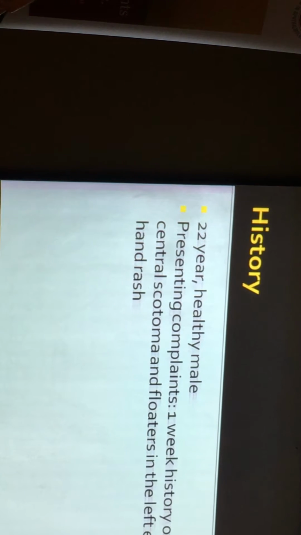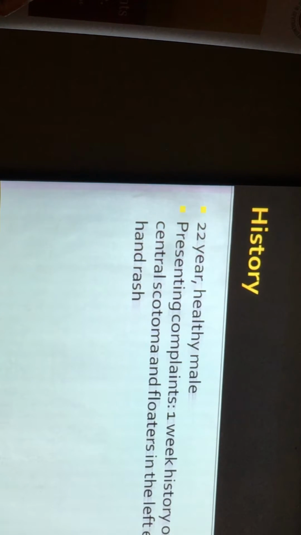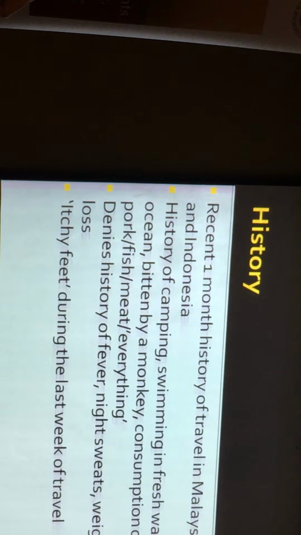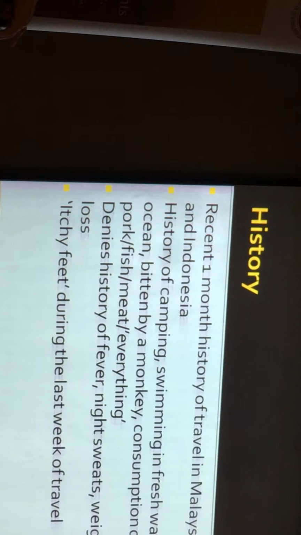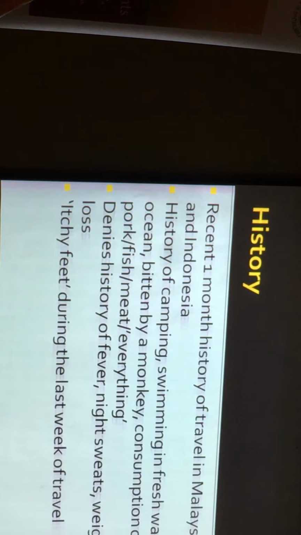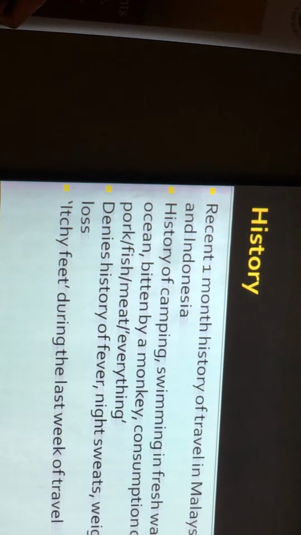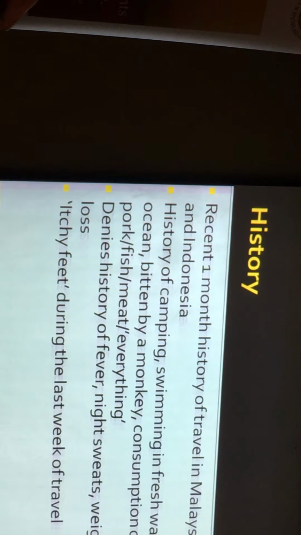A 22-year-old healthy male presenting with a one-week history of central scotoma and floaters in the left eye, and he also has a hand rash. Recent month-long history of travel in Malaysia and Indonesia, a history of camping, swimming in freshwater and ocean, bitten by a monkey.